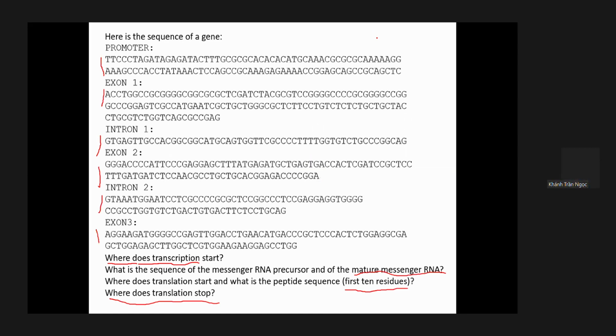So is this sequence the coding strand or the template strand? So this is the coding strand. Okay, so this coding strand is from the 5' to 3' of the coding strand.